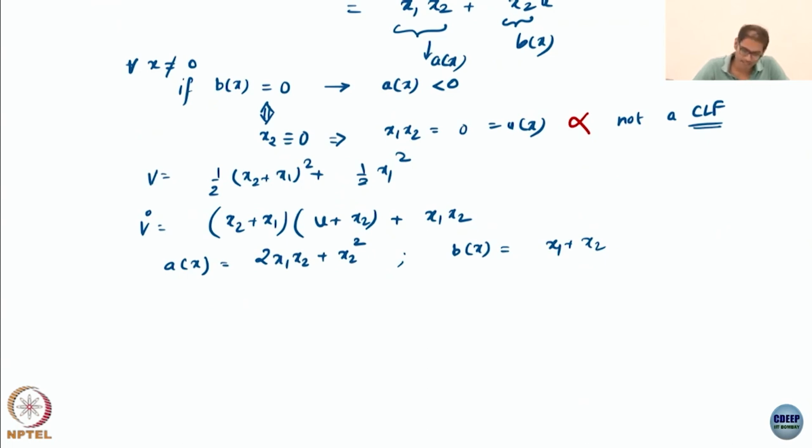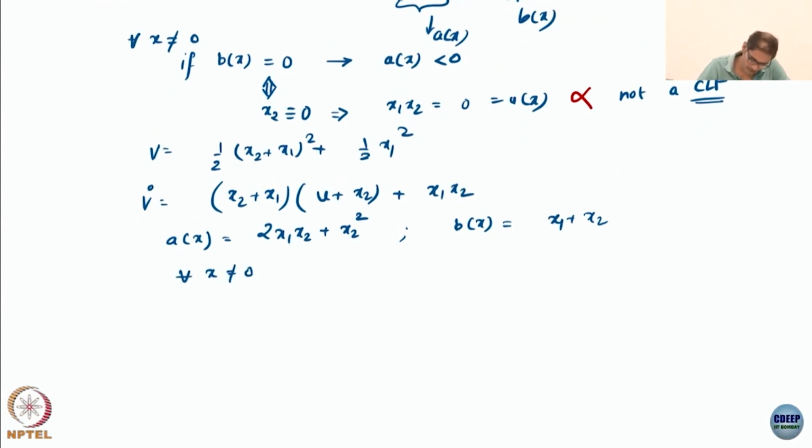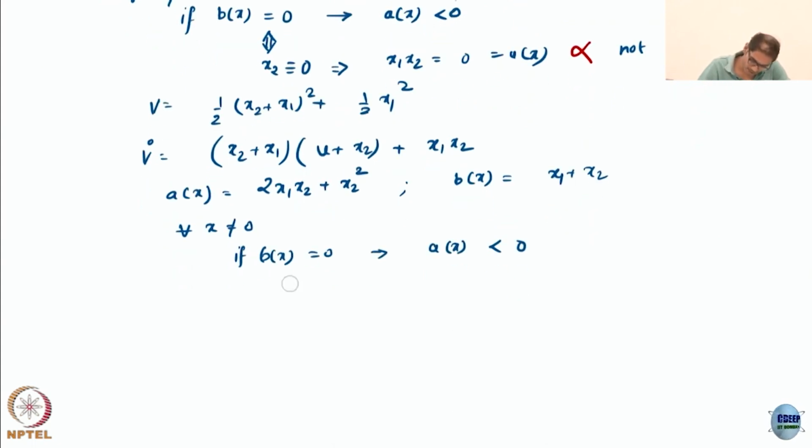So we do the same analysis again. For all x non-zero, what happens? Same thing I rewrite: if Bx is 0, we need Ax to be negative, right. Now when is Bx in this case 0? x1 equals minus x2, correct?